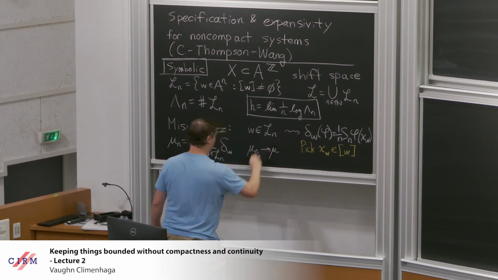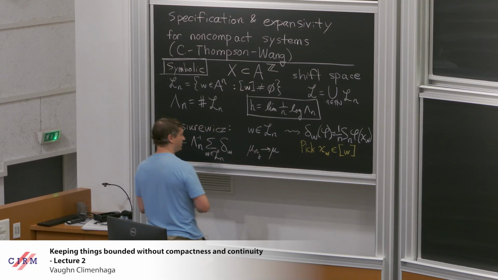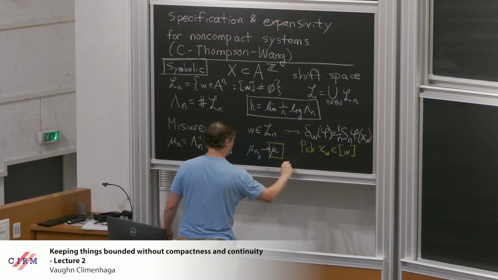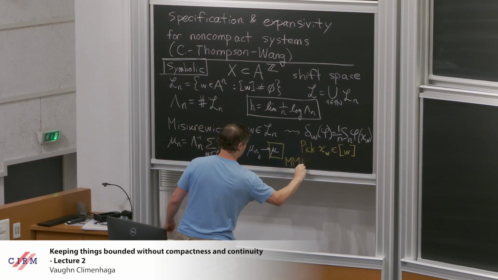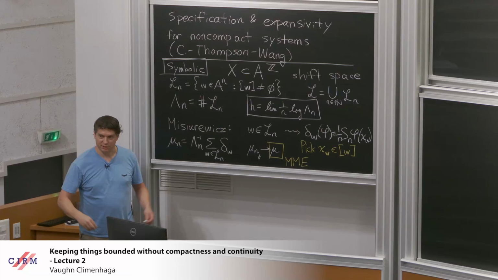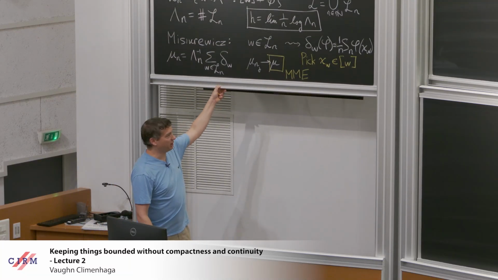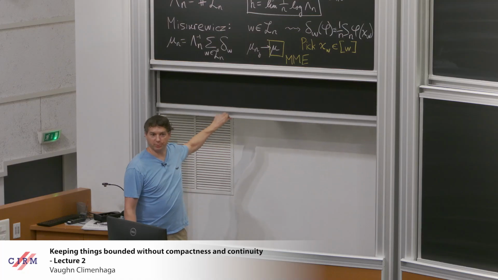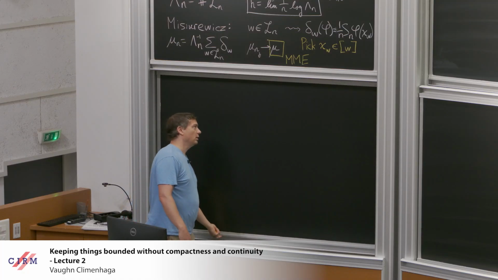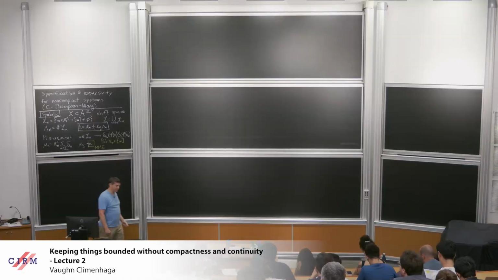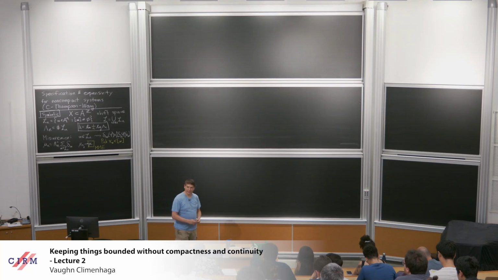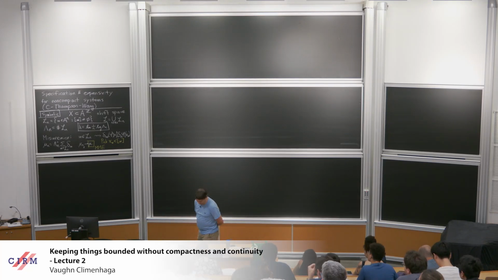And if you pass along some subsequence, you get some measure mu which has maximal entropy. And this is a very general fact. This is the strategy behind Misiurewicz's proof of the variational principle. So this is a construction based on the equidistribution property of the simplest instances of measures of maximal entropy.